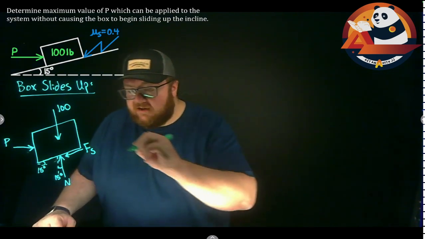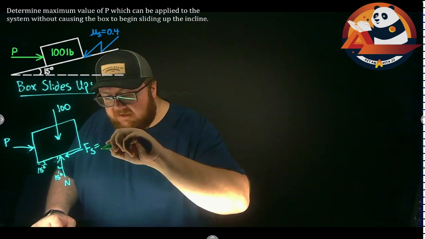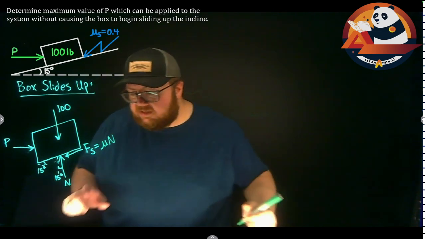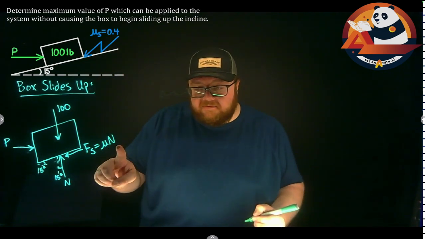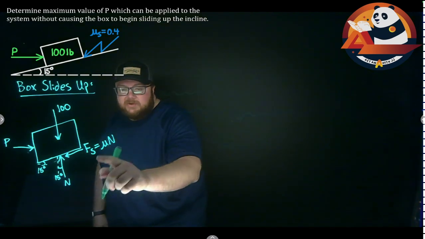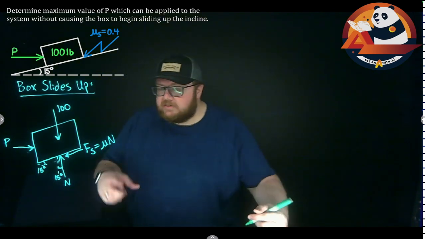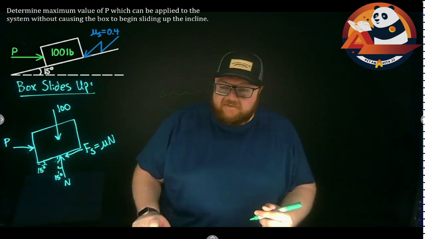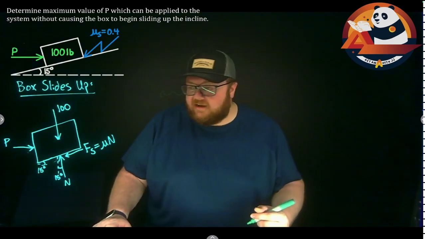But I know in here this Fs should be mu times our normal force. If it's not Fs, I can't do mu N. Different problem type then. But we're about to slide, so we can call this Fs. It's mu times our normal force. So if I get my normal force, I can get Fs.